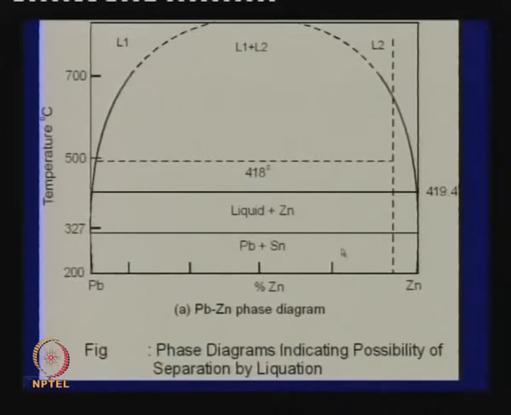So, if you have an alloy of this composition, if you go to that temperature, it will produce a liquid with lead percentage so much, zinc percentage so much, and their relative proportions will depend on the lever rule. So, this is one way from an alloy we can separate out the components simply by heating.